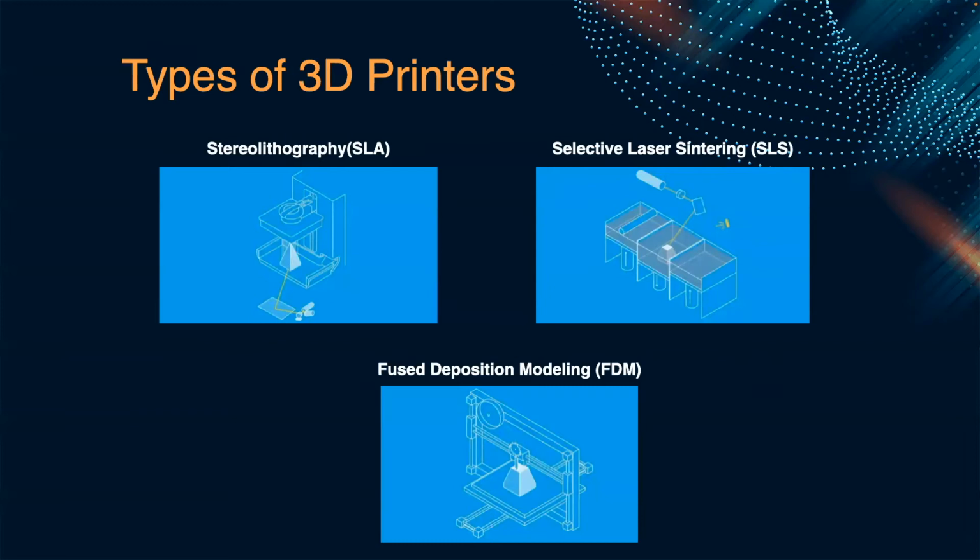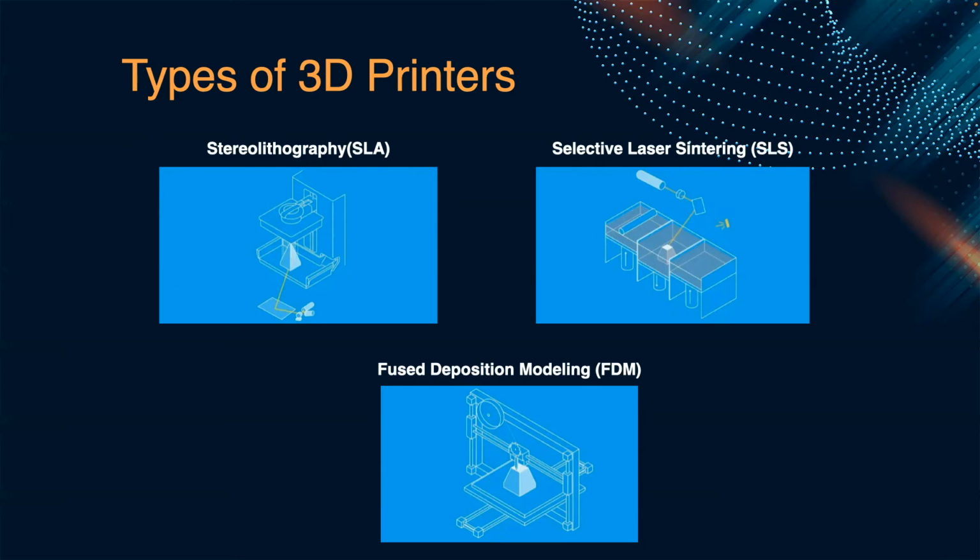Now, coming on to the types of printers, a few of the popular printers are listed below: stereolithography, also called SLA, selective laser sintering, SLS, and fused deposition modeling, FDM.